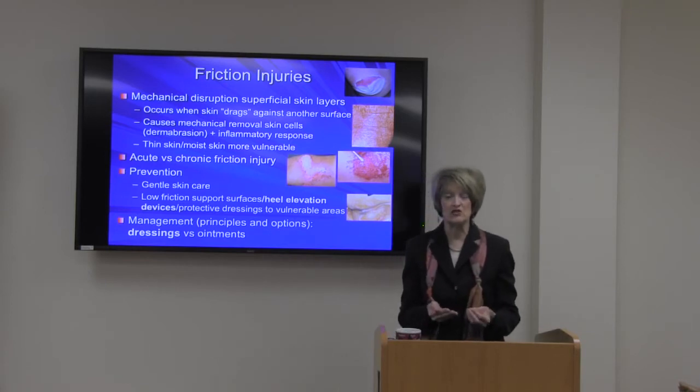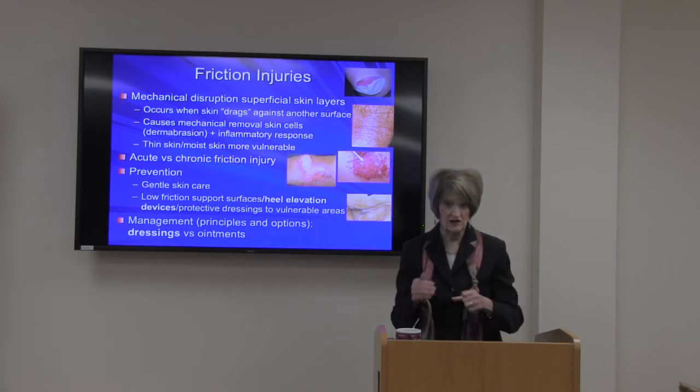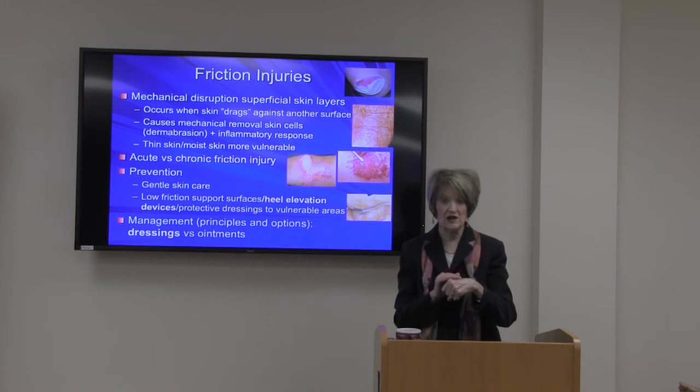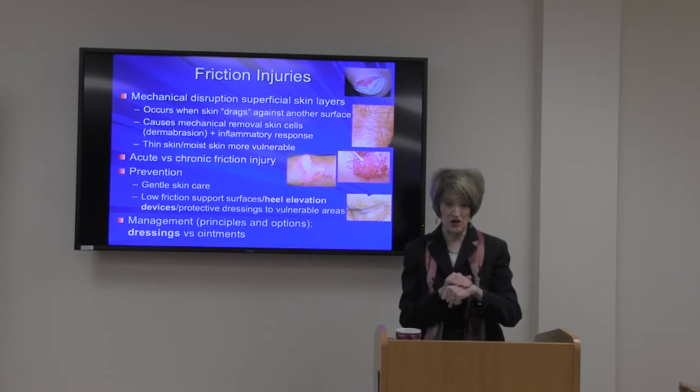Remember that patients who have very thin, fragile skin are going to be more vulnerable. If you have very healthy skin, you're more resistant to the effects of superficial friction. But if your skin's already at risk, if it's very thin, if it's very fragile, it's much easier to disrupt that layer of skin.